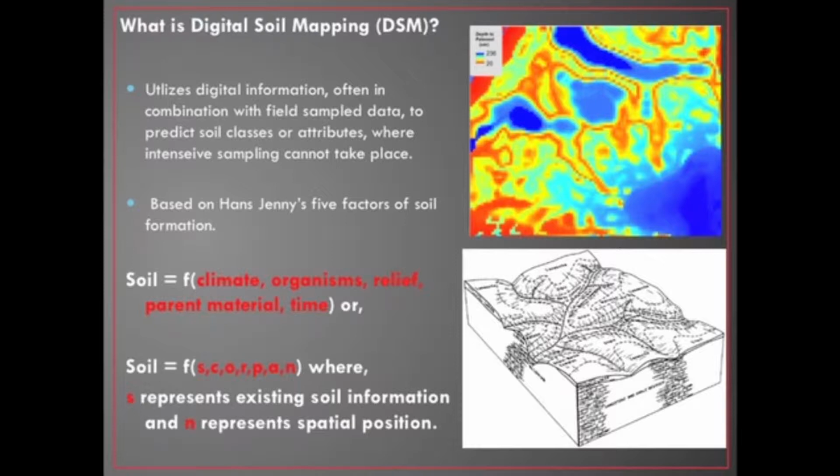So the fundamentals of digital soil mapping were based on Hans Jenny's 5 soil forming factors that I think people probably have heard if you've taken an introductory soil course. It's really the idea that soil at any given place is a function of climate, organisms, relief, parent material, and time, and relief is topography.